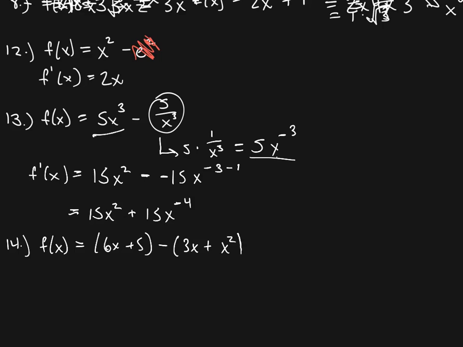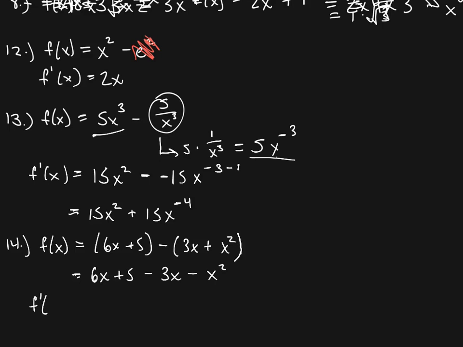So really nothing new here, just make sure that you're mindful of that minus sign. So this is, of course, equal to, we could write this out without the parentheses, 6x plus 5 minus 3x minus x squared. And we can easily take a derivative of this.